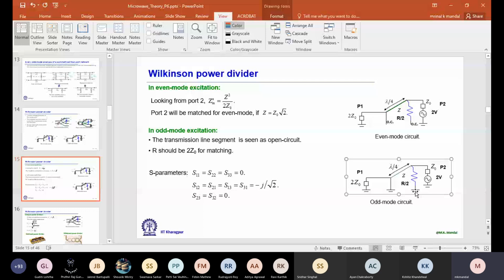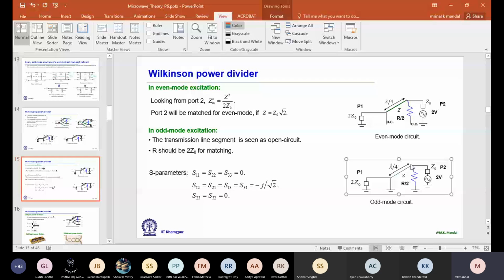Now, if this end is grounded and its length is 90 degree, then we have a voltage minima at the short end, and at this end after lambda by 4, we might have a voltage maxima, following the sinusoidal wave. So basically looking into this arm, it looks like an open circuit. So we don't have any loading effect.